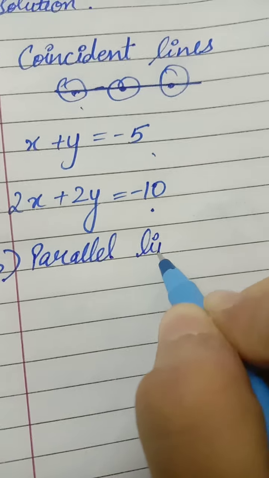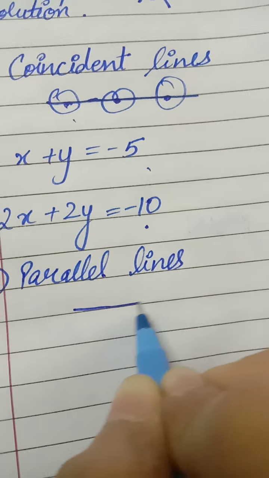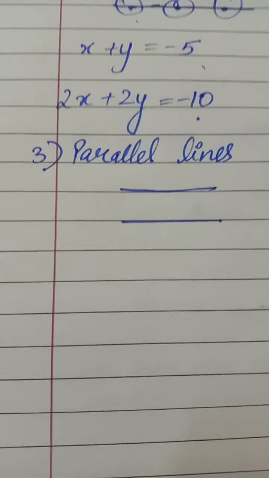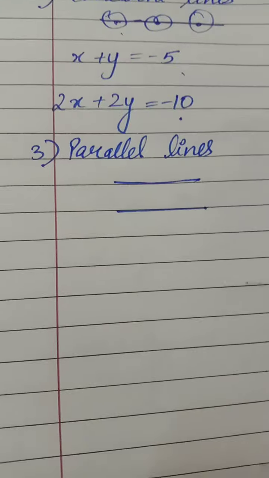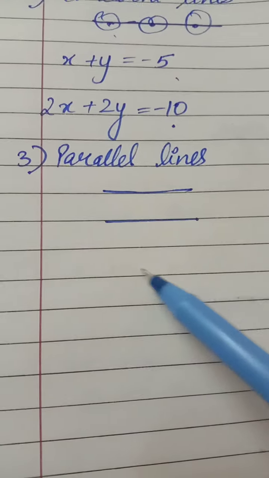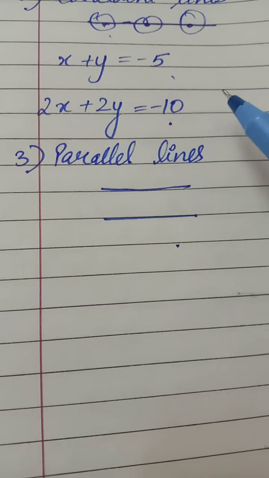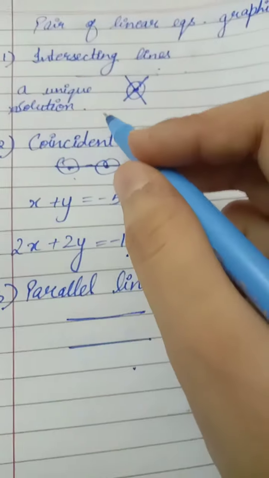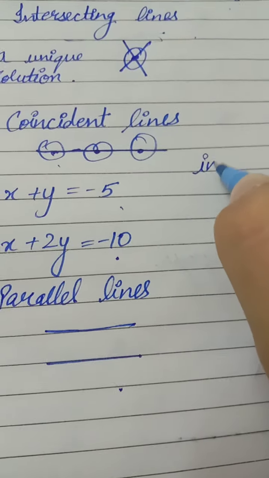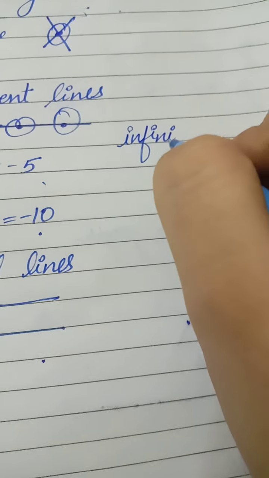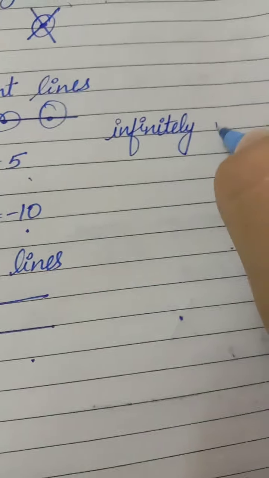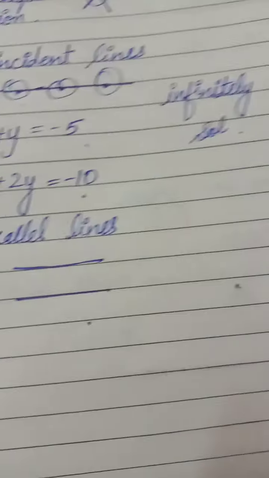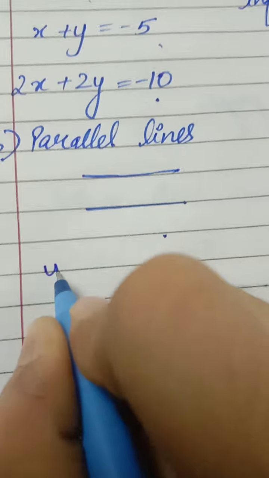The third pair of lines we have is parallel lines. We all know that parallel lines are parallel to each other, right? So they will be having no common solution as they neither intersect nor coincide. Unique solution, infinitely many solutions, and no solution.